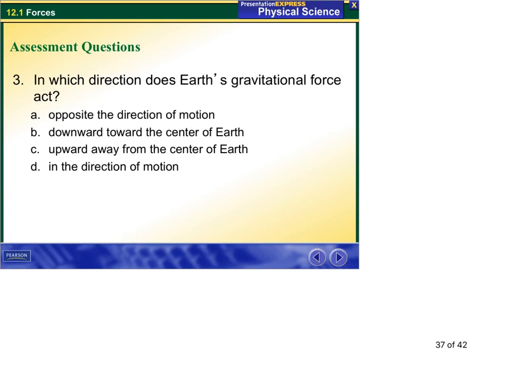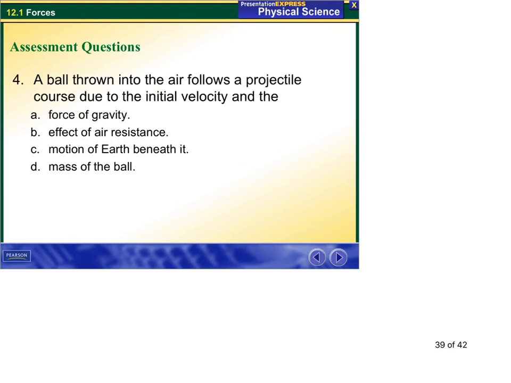Gravitational force acts in what direction? That's just part of our definition: downward towards the center of the earth. A ball thrown in the air follows a projectile course due to the initial velocity and the force of gravity, which makes projectile motion.